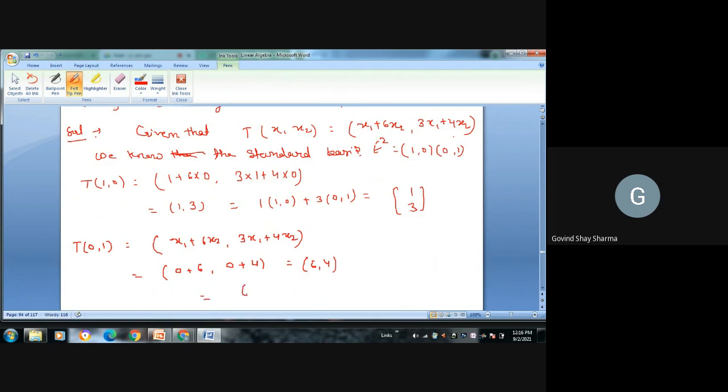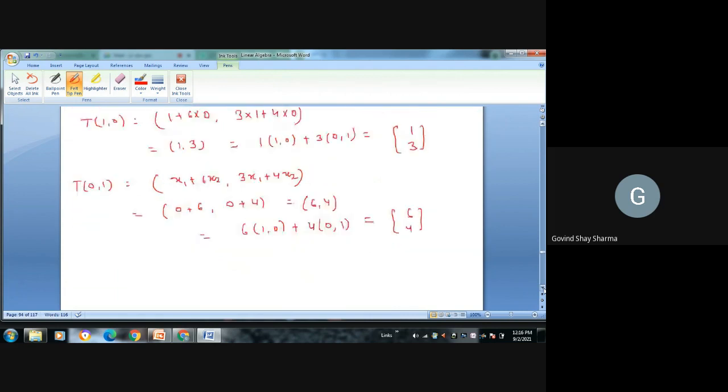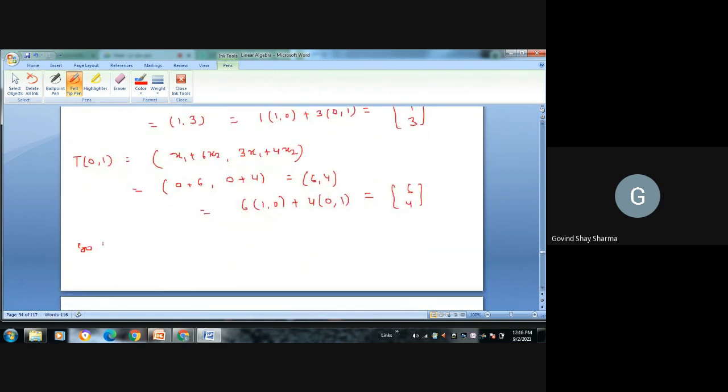In the basis form we can write it like that, and so the standard matrix of the linear transformation is M_T with columns (1, 3) and (6, 4). This is the standard matrix.